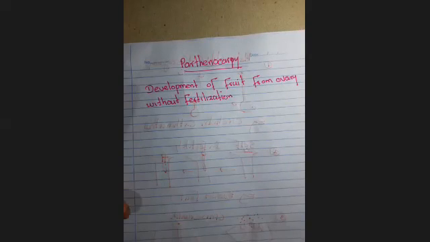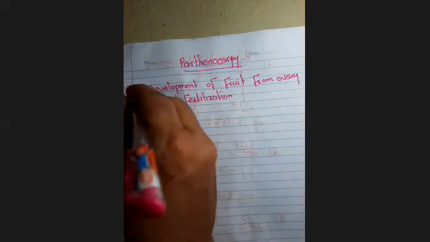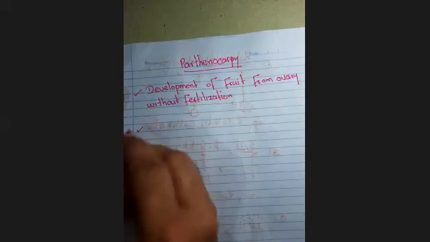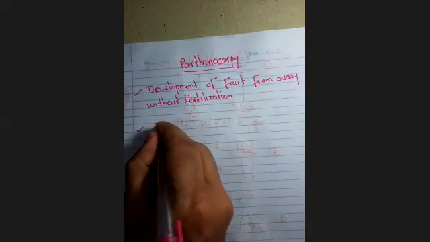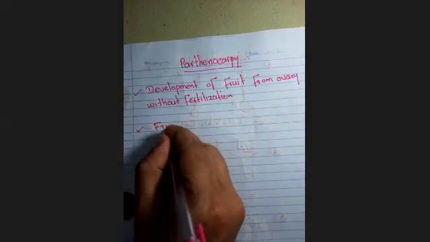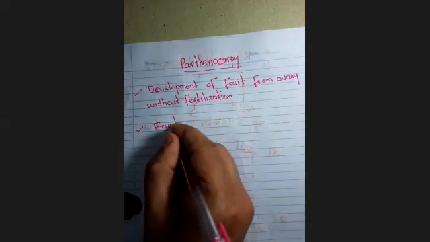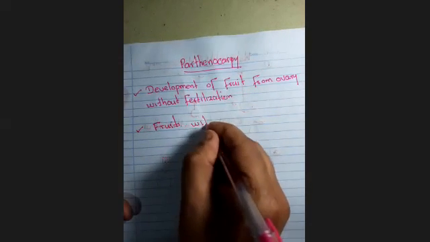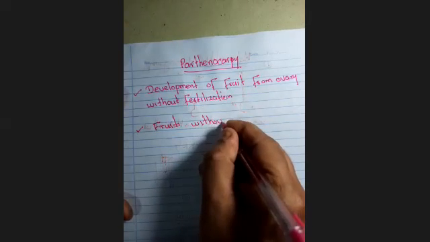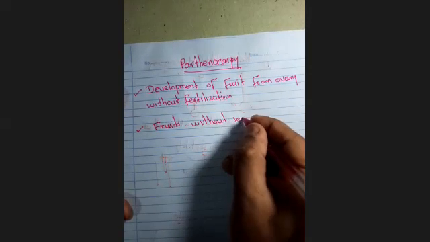What is parthenocarpy? Development of fruit from ovary without fertilization. So you will get the fruit, but they will be fruits without seeds. Understood?